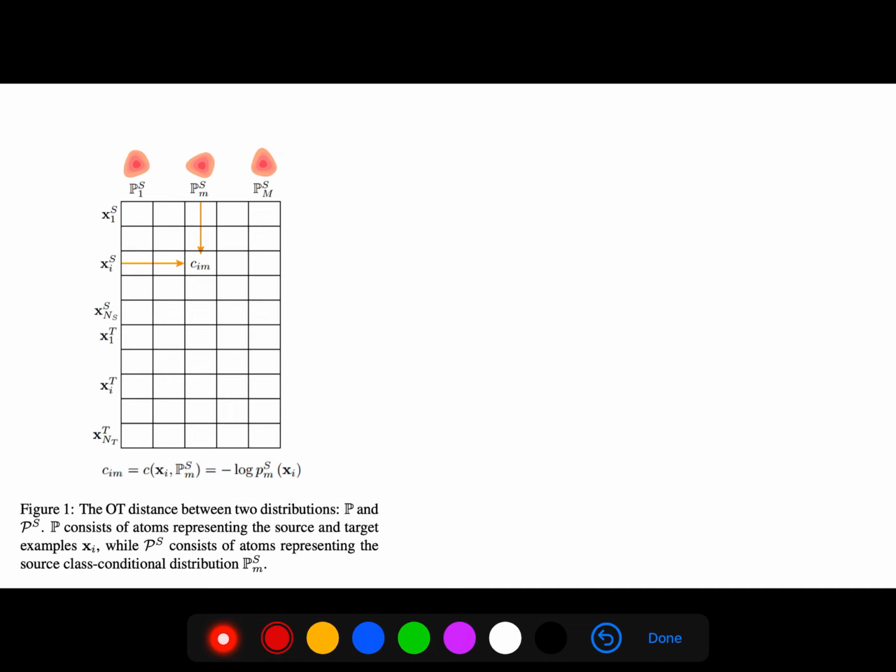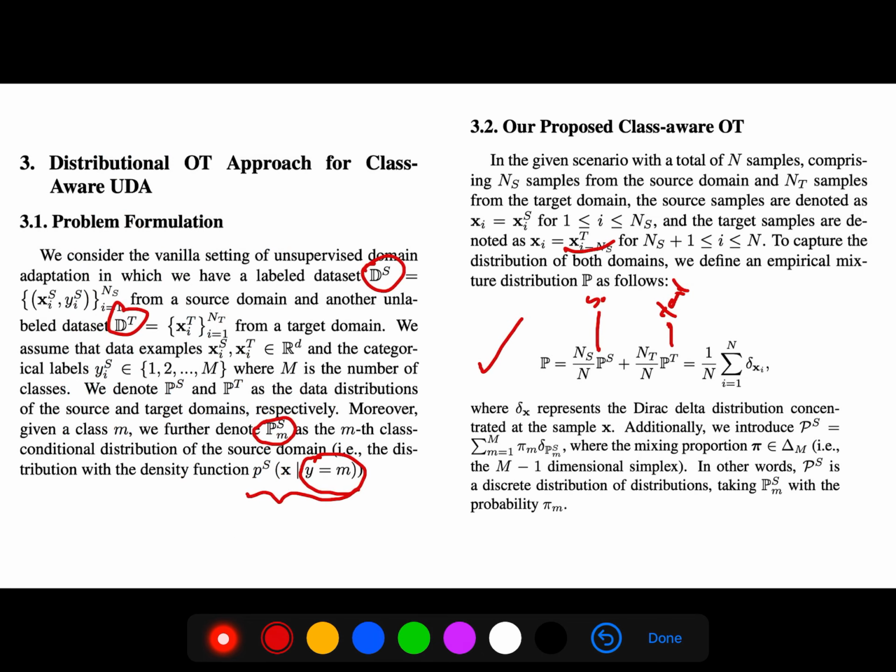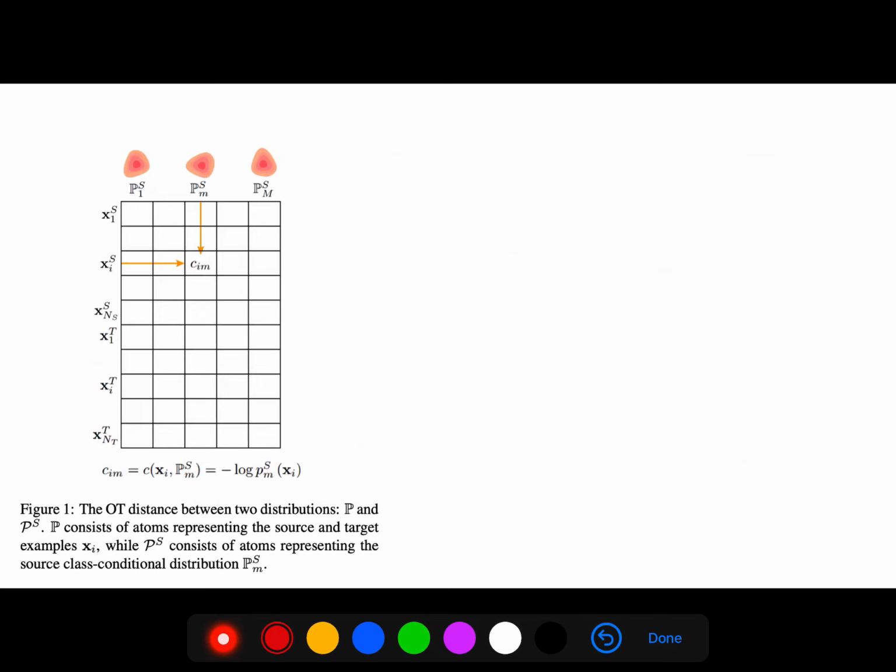So you see the optimal transport distance between the two distributions. So this subscript M is the M's class.